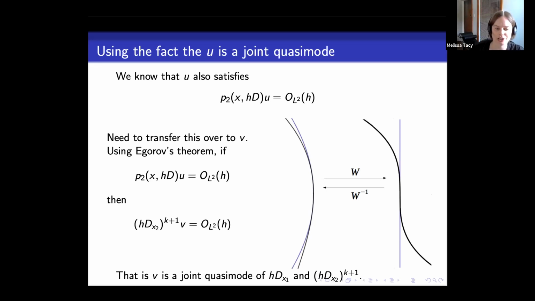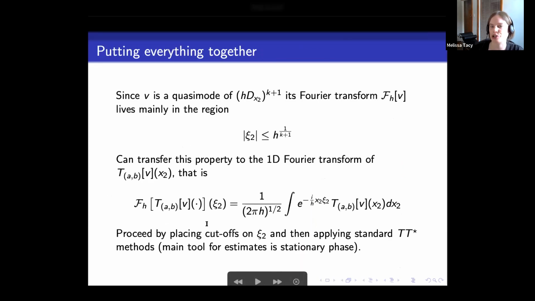And there are many decompositions I can do in the x2 variable. In this case, I choose to do a Fourier transform because I have this nice relationship that I knew the Fourier transform xi2 has to be within h to the 1 on k plus 1. So it's very useful to use the Fourier transform here because I already have some information about it.